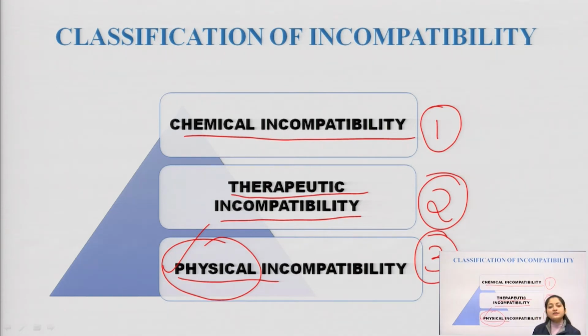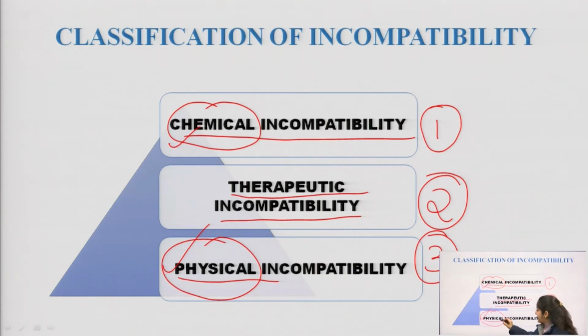However, if the incompatibility occurs in a chemical reaction and no physical change has been observed, then we can say that it arises due to a particular chemical reaction that has taken place inside that dosage form. That type of incompatibility is termed chemical incompatibility.